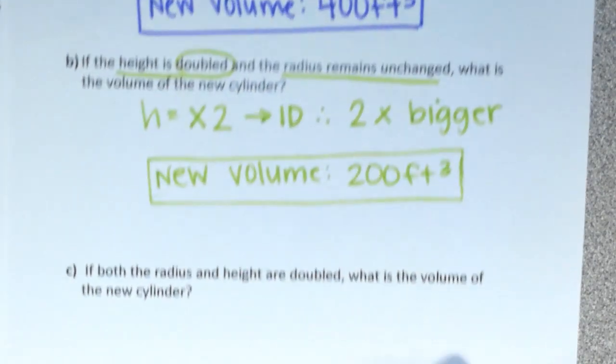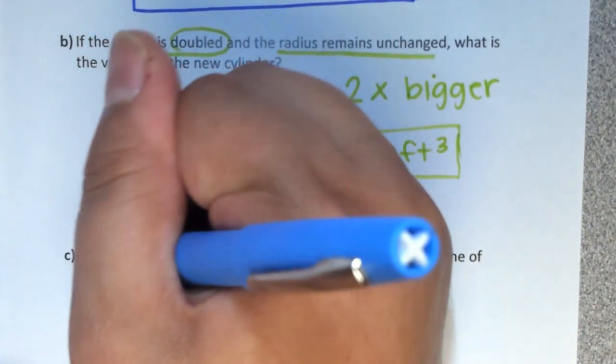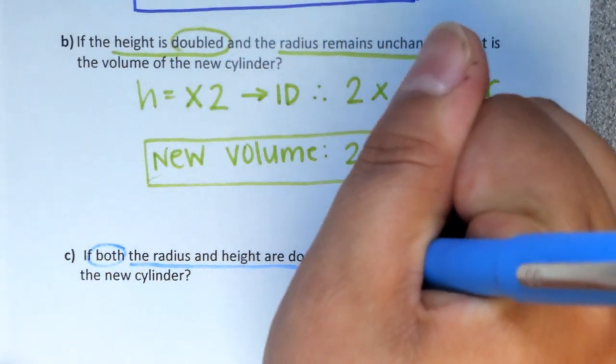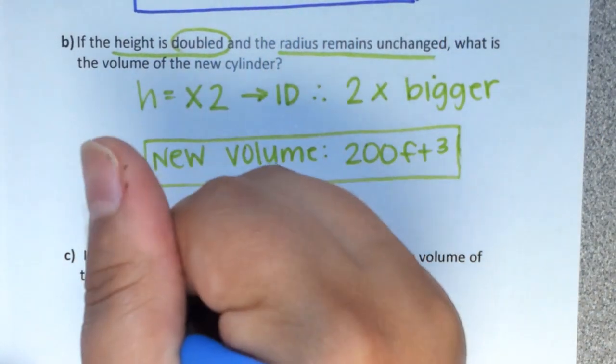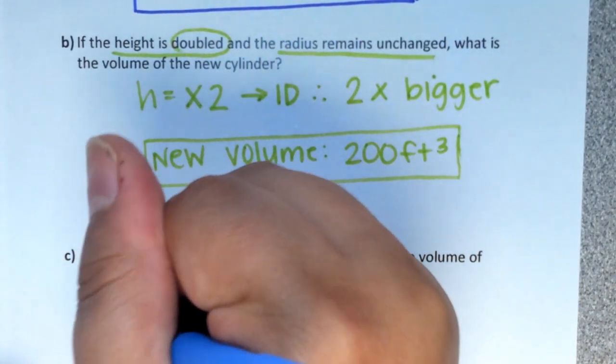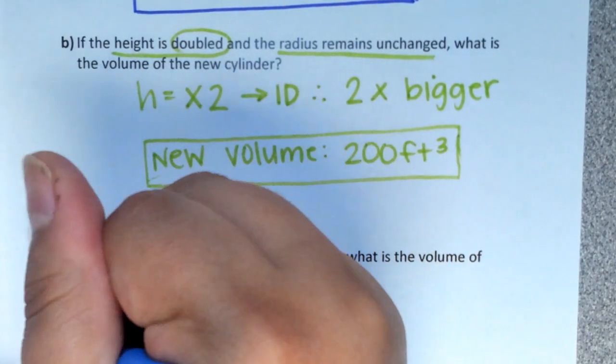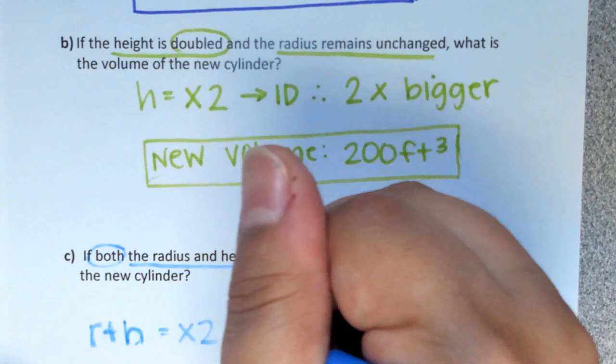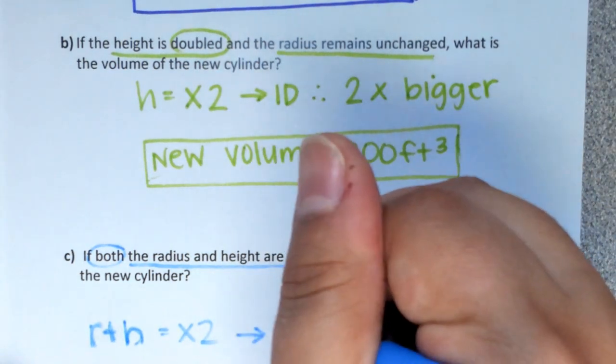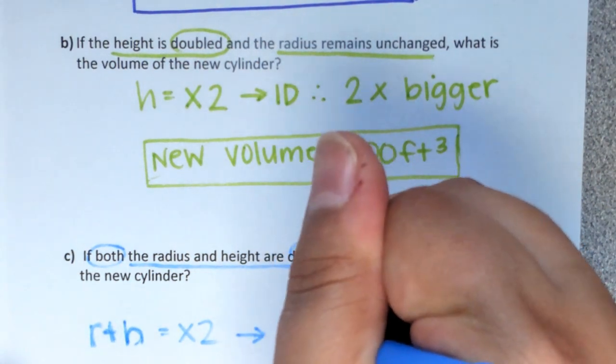Last but not least, what if both the radius and the height are doubled? The radius and the height are both times 2. How many dimensions is that? That's all 3 dimensions.